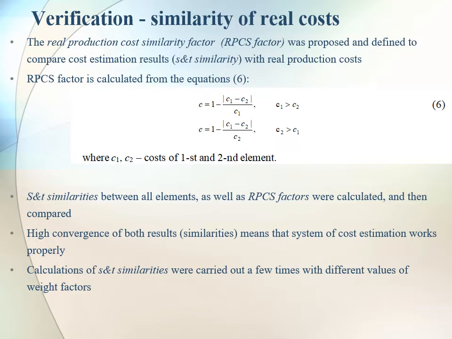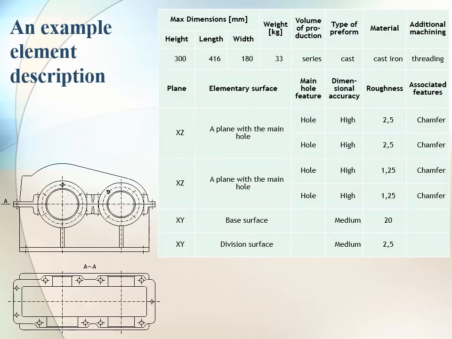So we calculate structural and technological similarities between all elements. We calculate cost similarities between elements, and then we check if there is high convergence of both results. That means that the system of cost estimation works properly, so the corresponding values should be similar.